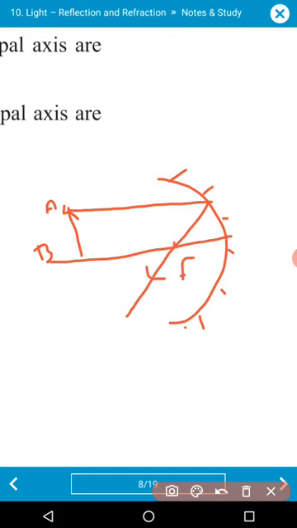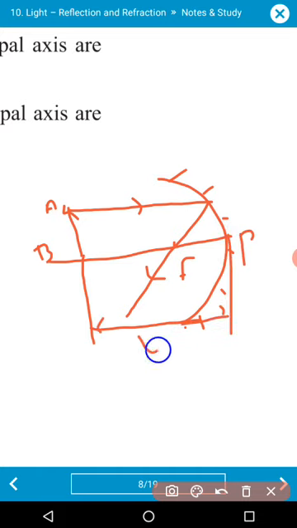So here the object is placed. From the pole to the object, the distance is termed u. u stands for the object distance. Now the image is formed over here.